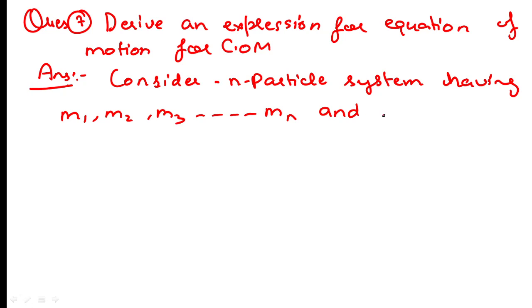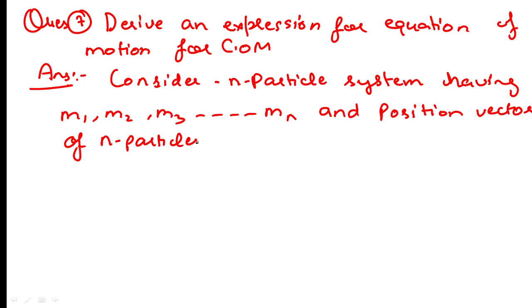And if we talk about the position vectors of these n particles, they are r1 vector, r2 vector, r3 vector, up to rn vector.